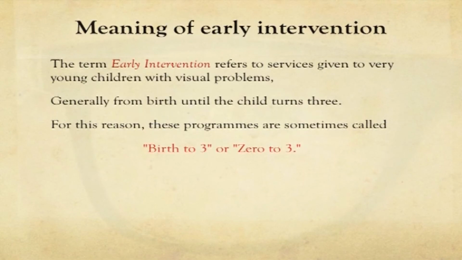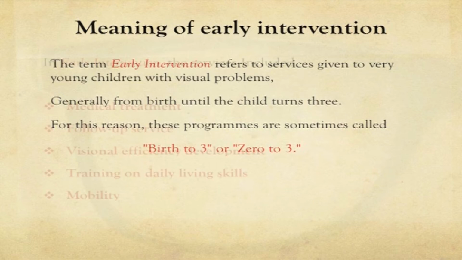The term early intervention refers to services given to very young children with visual problems, generally from birth until the child turns 3. For this reason, these programs are sometimes called birth to 3 or 0 to 3.